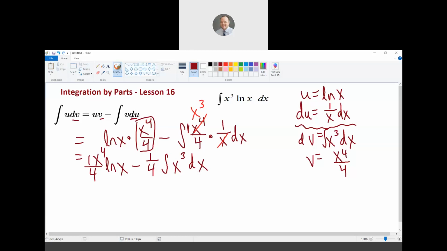Now we're ready to integrate. So we got 1 over 4 x to the fourth times natural log of x minus 1/4 times x to the fourth power over 4. Now, because this is an indefinite integral, we need a plus c to denote any possible constant.